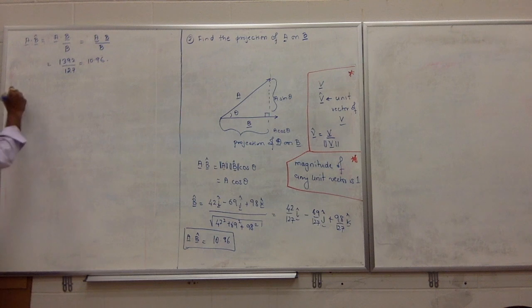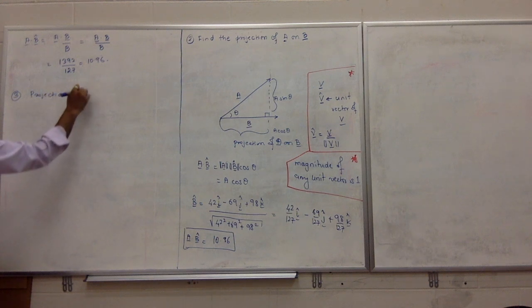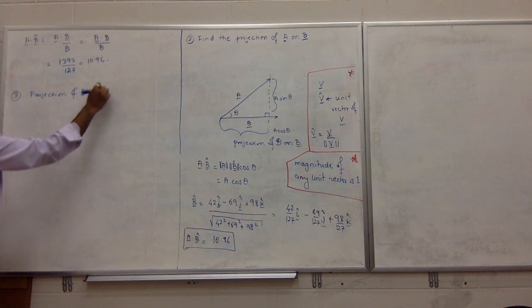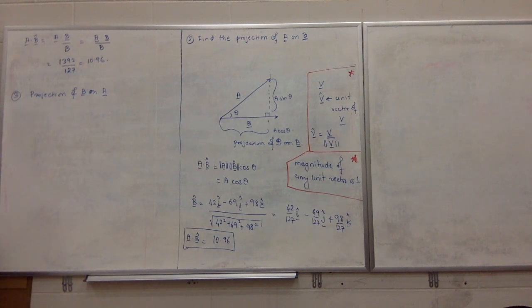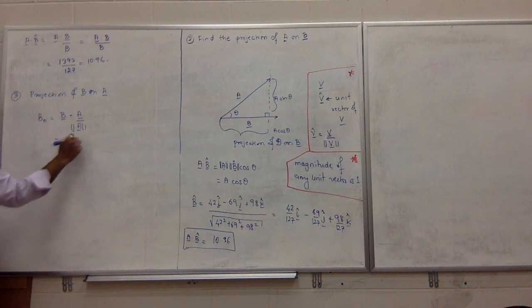I'm asking how you compute projection of B on A. I'll just say B dot A. Right, you're right. You got it?